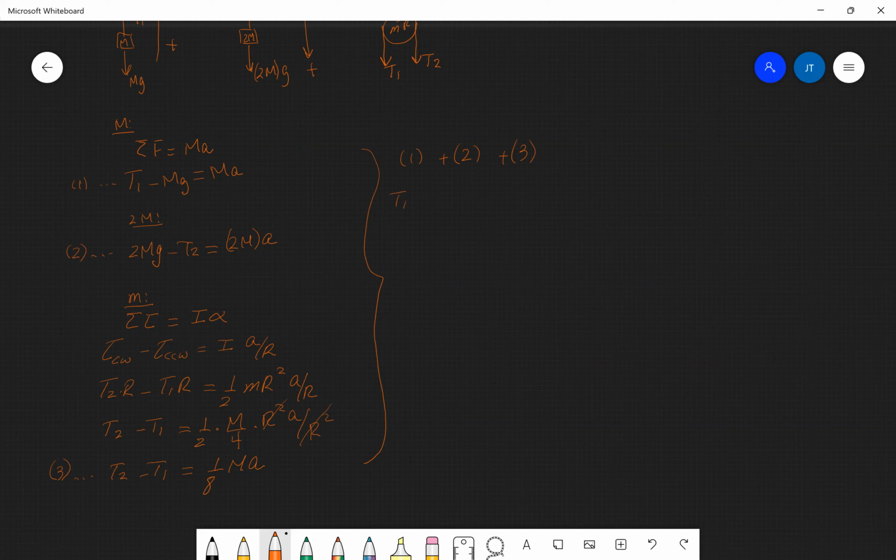So I have T1 minus mg plus 2mg minus T2. So this is equation 1. This is equation 2. And equation 3, I have T2 minus T1 equals, so this is the left side of 3.